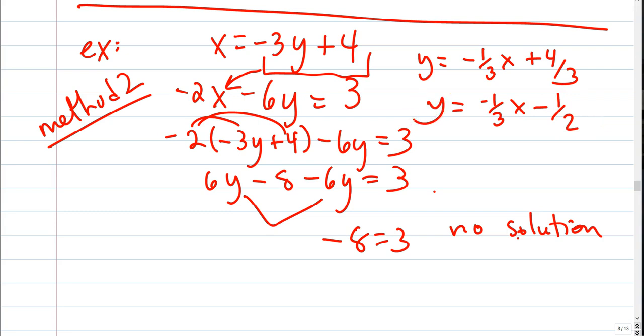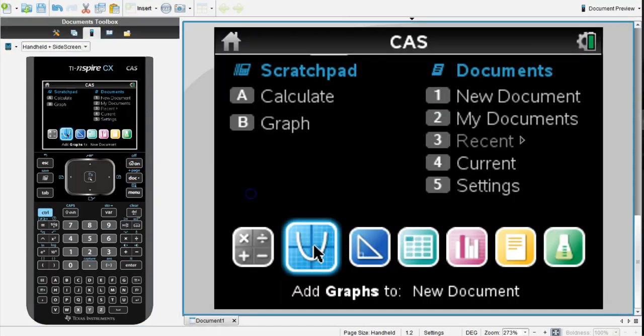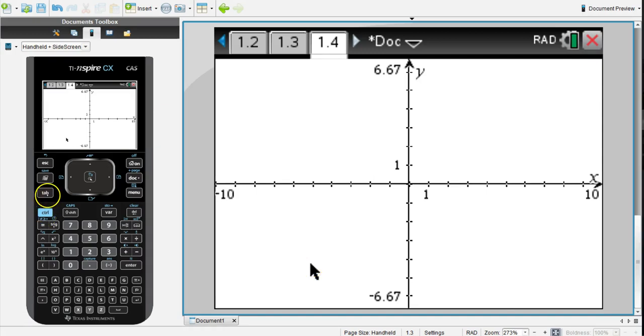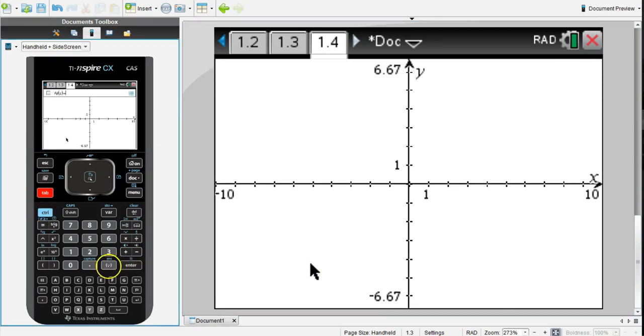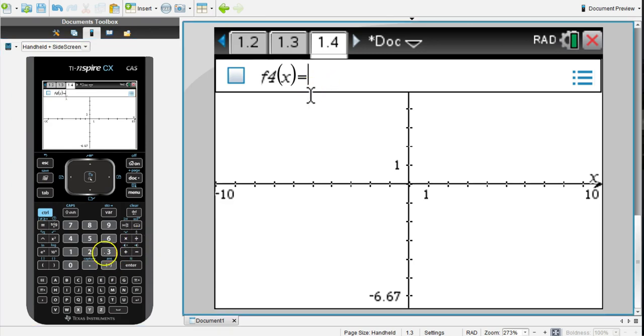I'm not asking you to do this, but I want you to see why this works. Why does this have no solution? Well, negative 1/3 x plus 4/3. Sorry.